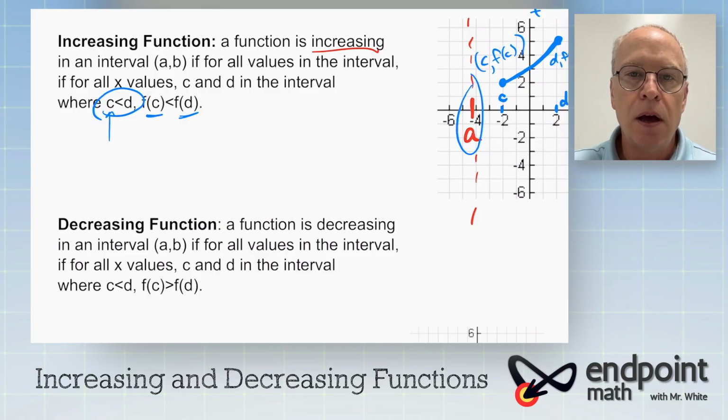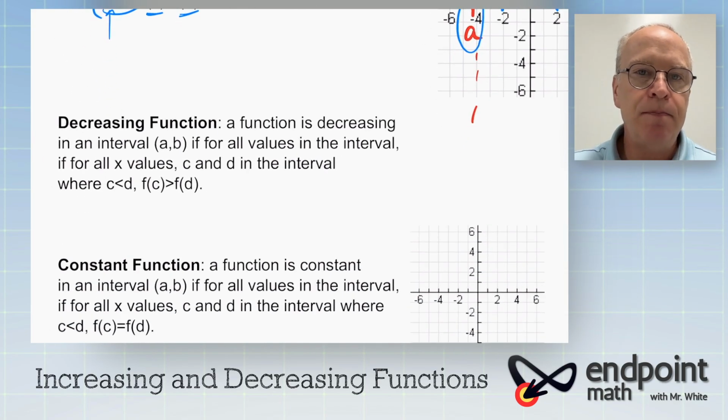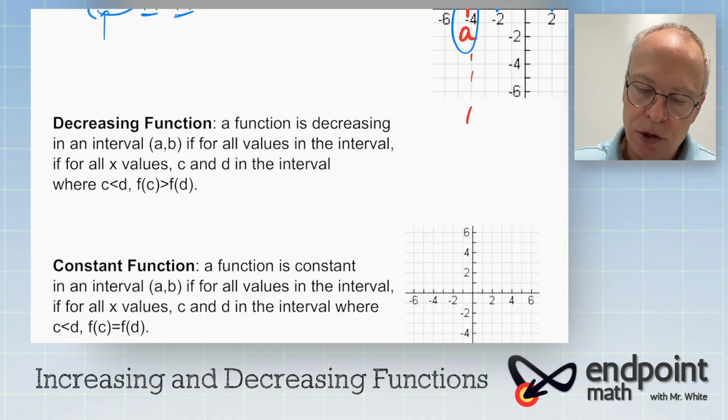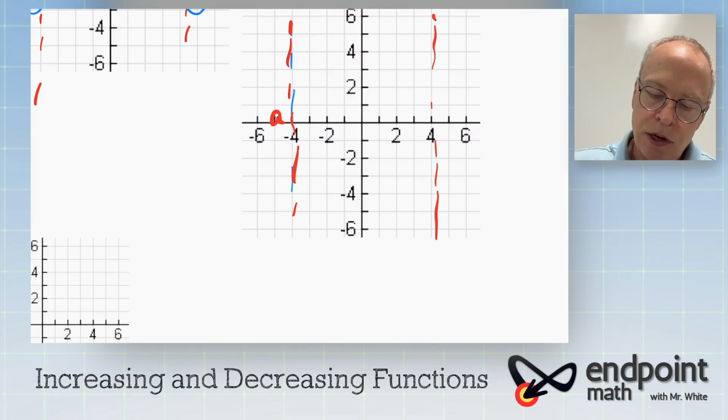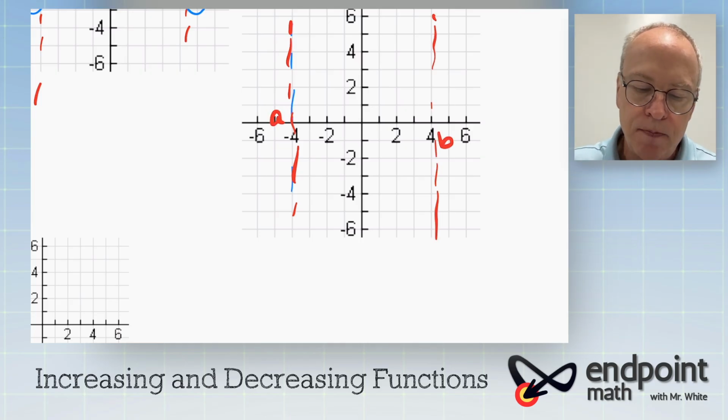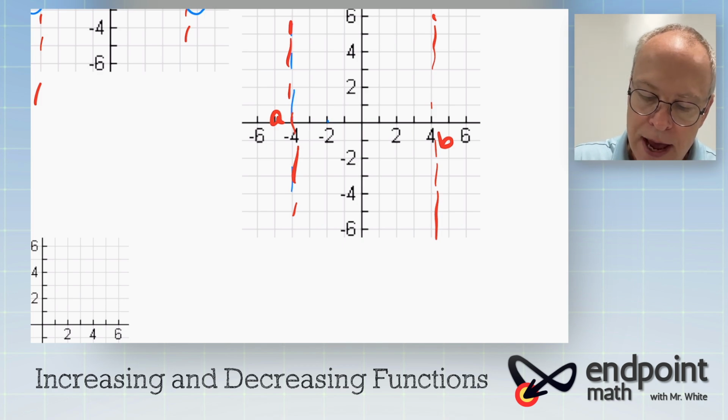All right, a decreasing function is very similar. So let's go over here. We're going to have an interval, I guess I should do it in red to be consistent, a to b, wherever those are. And then once again, we're going to have a c value that is smaller than a d value.